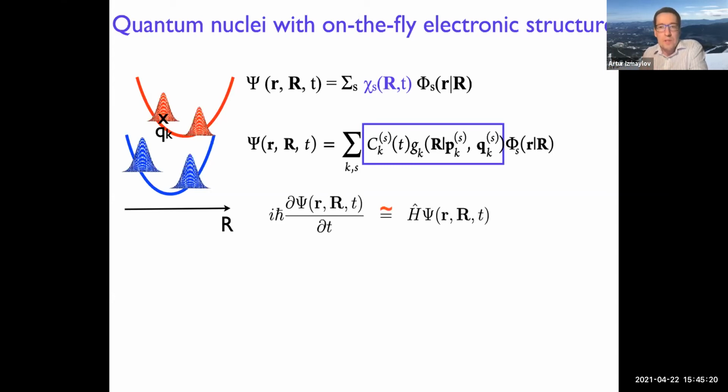Now, how do we obtain the equations for these parameters of the Gaussian wave packet? It's by putting them back into the time-dependent Schrödinger equation. Of course, because the ansatz for your wave function is finite, the left-hand side and right-hand side are not equal anymore to each other. So in order to obtain the equations, it turns out you can just simply minimize the norm of the difference, right?